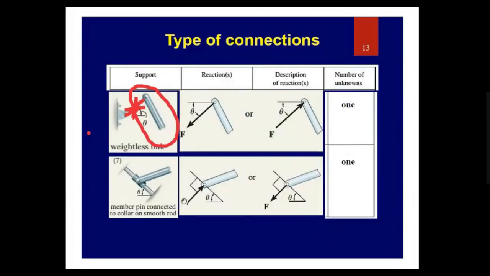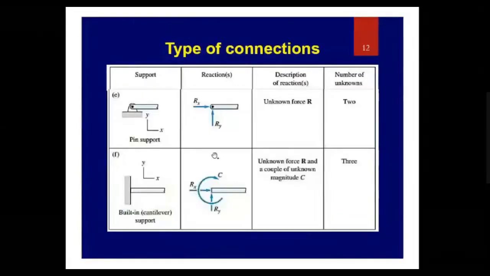Again, you can choose any direction of the force. It can be towards the member, it can be away from the member. Similarly, for the previous cases, this Rx can be towards the member, it can be away from the member. Similarly, Ry can be towards the member or away from the member. Or in this case, this couple moment can be clockwise, or you can also assume it to be counterclockwise. So it will not change your end result after you perform the analysis.